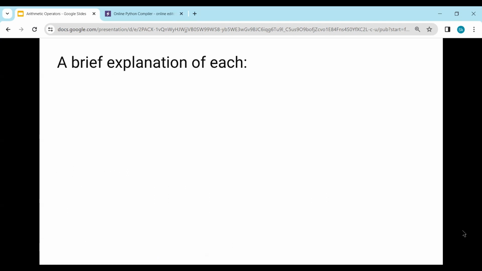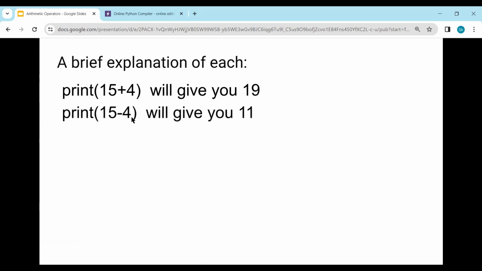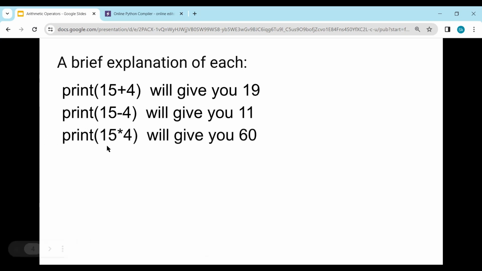Okay, so let's get a brief explanation for each of them. So first is 15 plus 4, it will give you 19. It's very simple. Second is 15 minus 4. It will give you 11. Next is 15 multiplied by 4, which will give you 60.